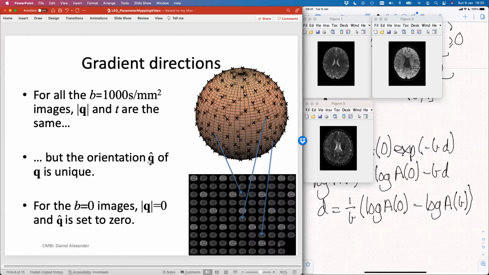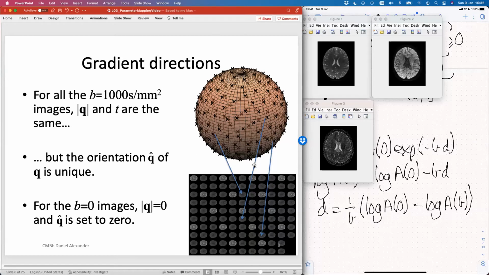Typically what's done in diffusion imaging is that we acquire a large number of diffusion weighted images with the B value set equal in all of them, but each of them has a unique Q hat. And that's exactly the case in this data set that we're looking at here.